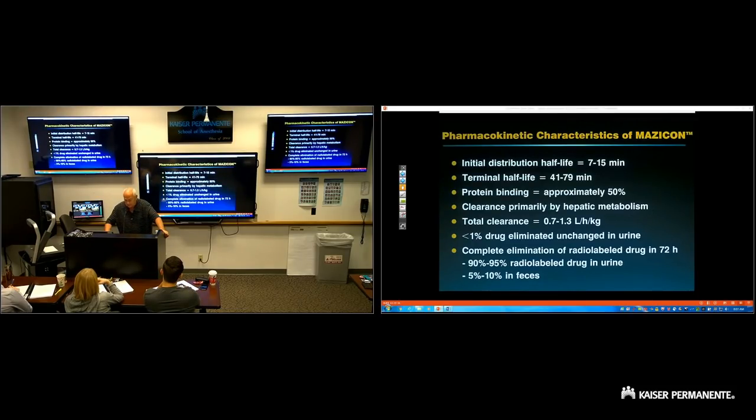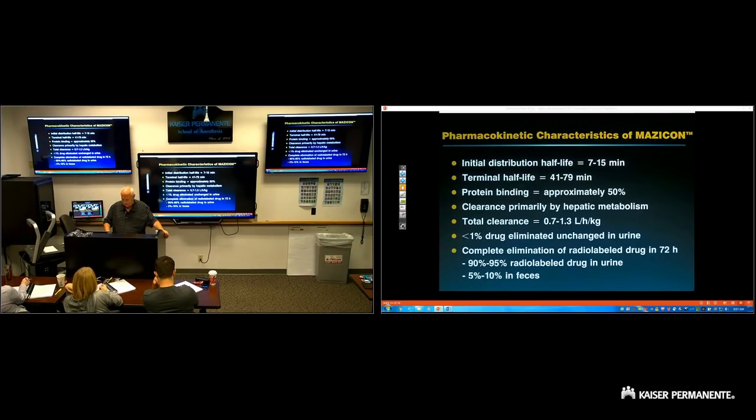Kinetics: the distribution half-life is about 7 minutes up to 15, so it pretty rapidly distributes. The beta half-life is 41 to 79 minutes. If you pick the middle of that, the half-life is less than an hour. Protein binding is not an issue.